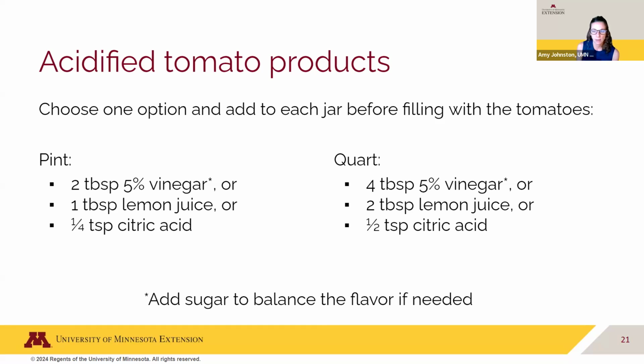Again, using that bottled lemon juice, you know the pH is going to be consistent. If you're using fresh, test that pH, or a 1/4 teaspoon of citric acid. And then if you're using quarts, those amounts are doubled. You can add sugar to balance the acidic flavor that these components might add, if you desire.